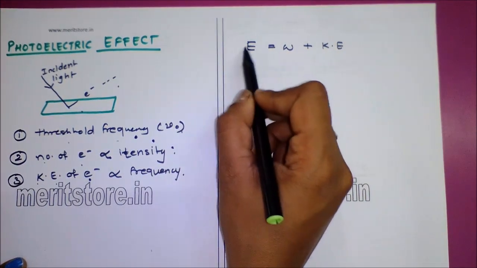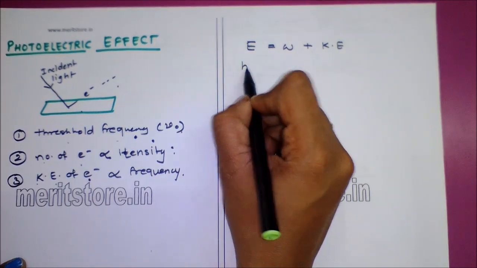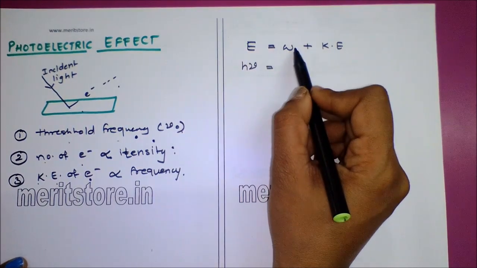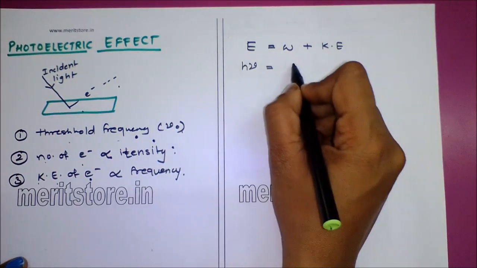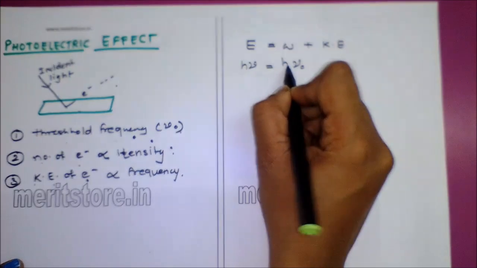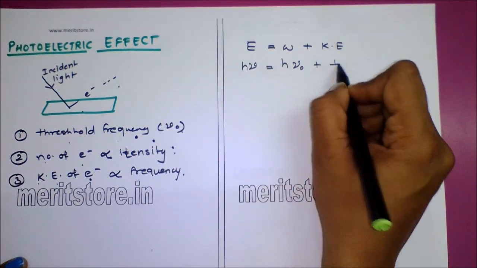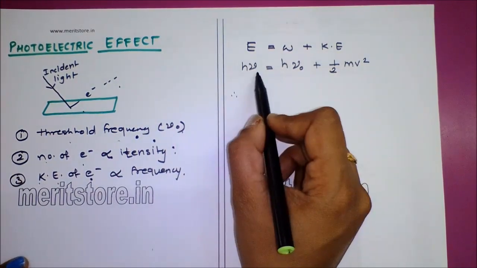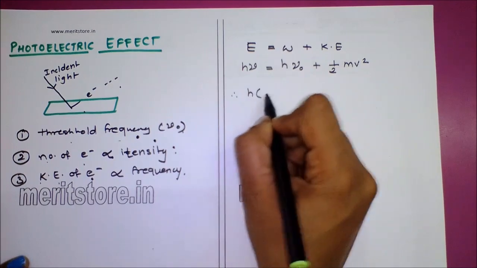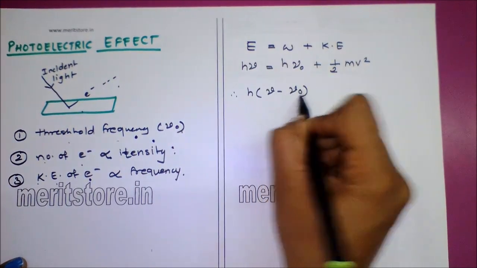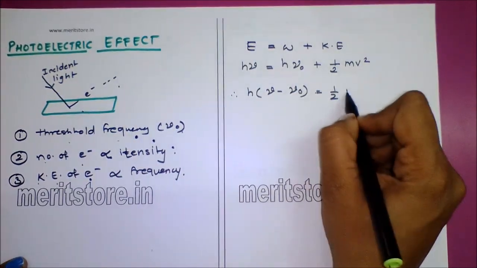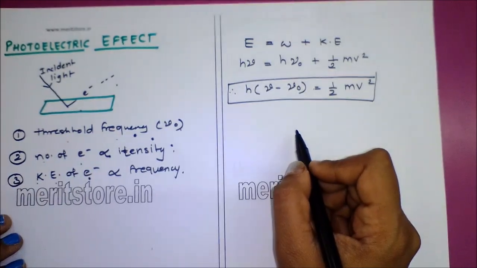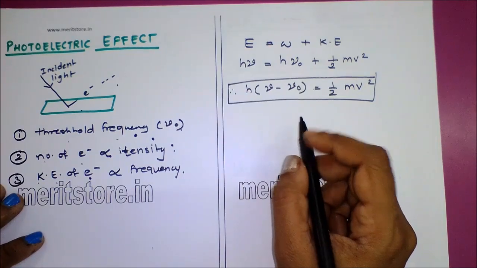So the E, according to Planck's quantum theory, we can write as h nu, that equals the minimum energy which is required for the ejection, as we know that the minimum frequency should be the threshold frequency, into h, plus the kinetic energy, which is half m v square. So we can take this h nu naught on that side and take h common, so h into nu minus nu naught equals half m v square. This equation is known as the Einstein photoelectric equation for the photoelectric effect.